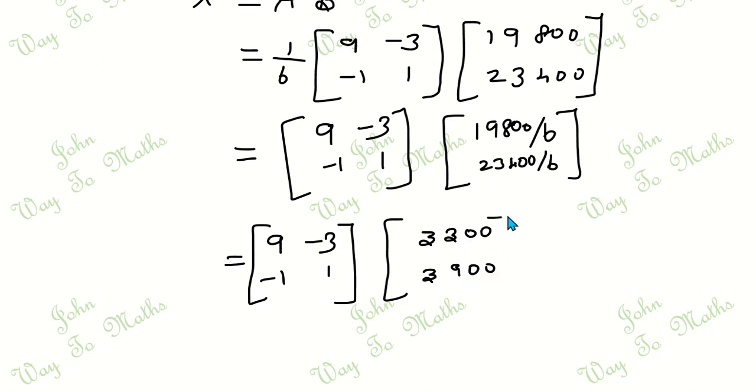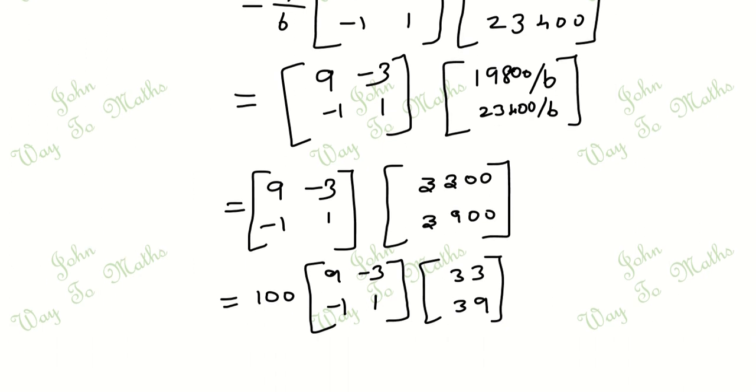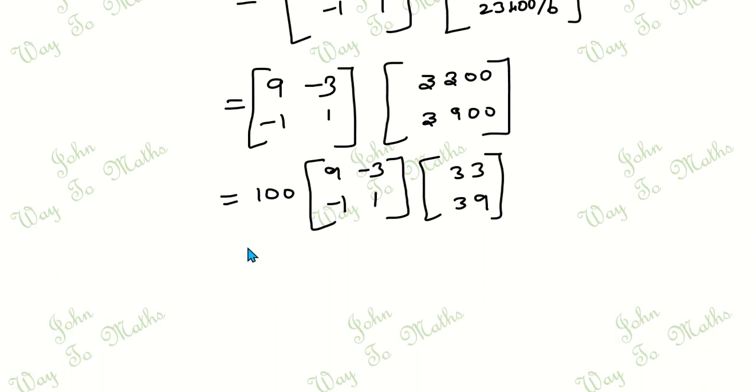In the second matrix, I am going to take the common multiple 100 outside from the matrix. So remaining, first matrix 9 minus 3 minus 1 1. Here 100 taking outside means remaining 33, then 39. Again I am going to take 3 from the second matrix.